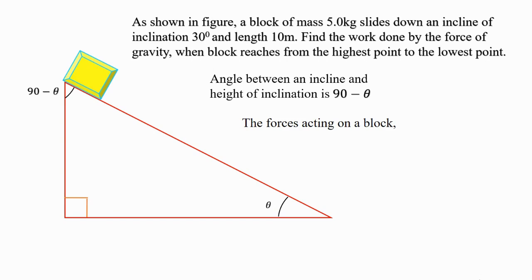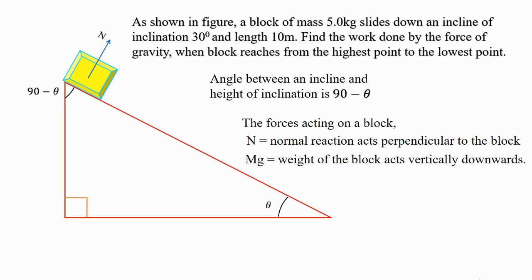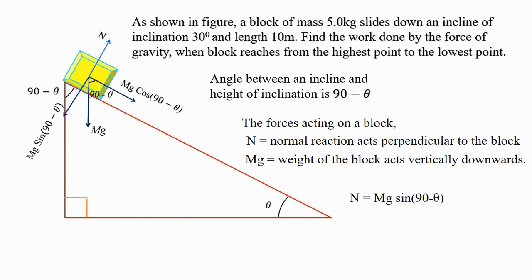Let's see the forces acting on a block. N is the normal reaction acts perpendicular to the surface of the block. mg is the weight of the block acts vertically downwards. Resolve mg. Normal reaction get balanced by the component mg sine 90 minus theta.